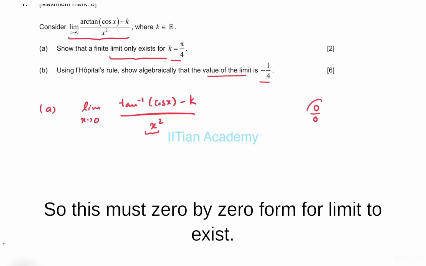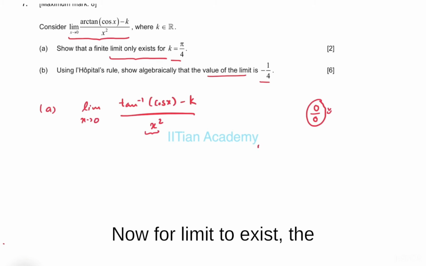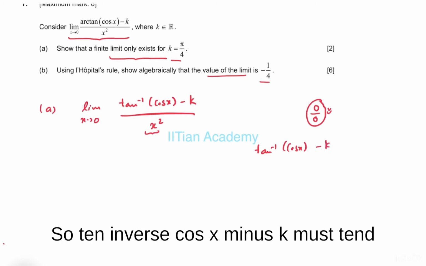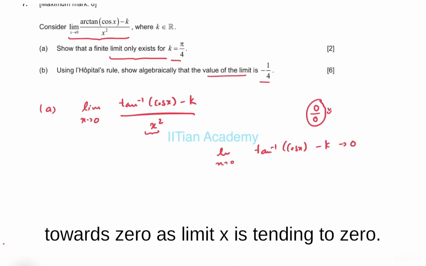So this must be 0 by 0 form for limit to exist. Now for limit to exist, the numerator must also tend towards 0. So tan inverse cos x minus k must tend towards 0 as x is tending to 0.